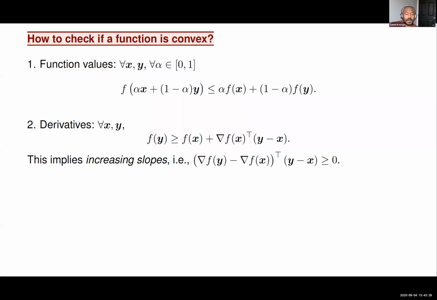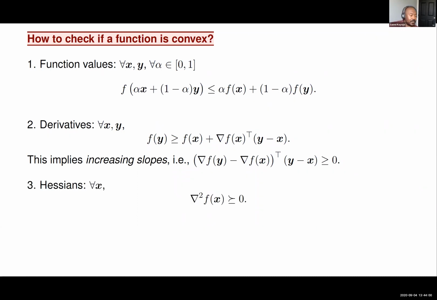Roughly, convexity implies that the slopes are increasing in the direction away from the function's minimum. Importantly, convexity and differentiability are two different properties. A function can be differentiable and not convex, and a function can be convex and not differentiable. They're two distinct properties, but if a function is differentiable, it's an easier property to check.